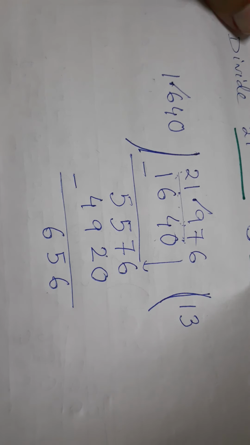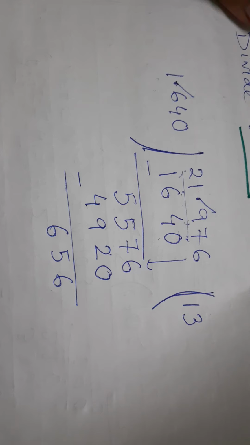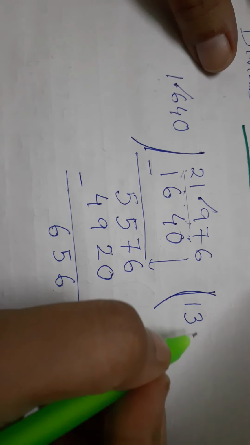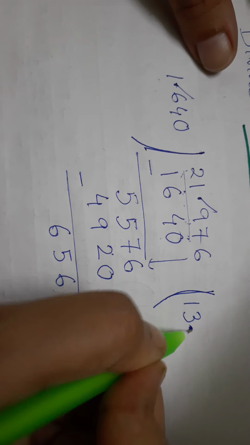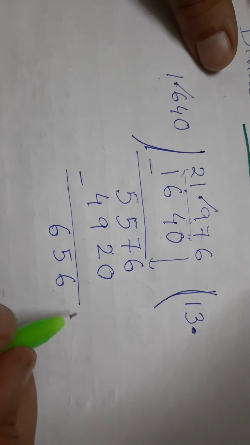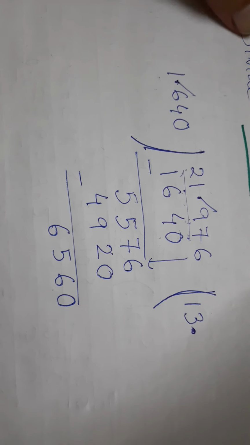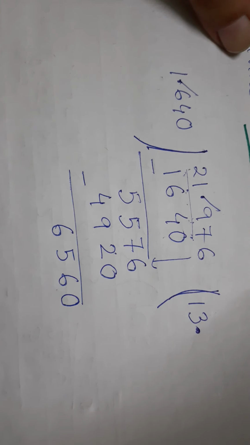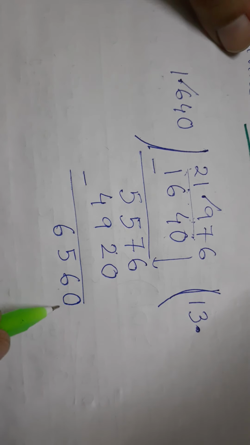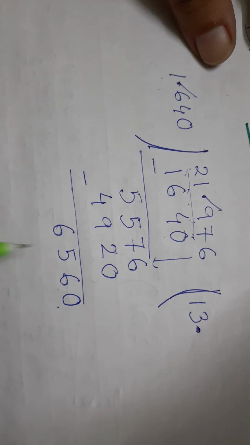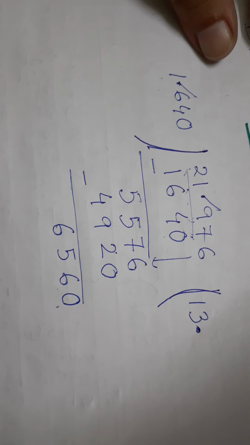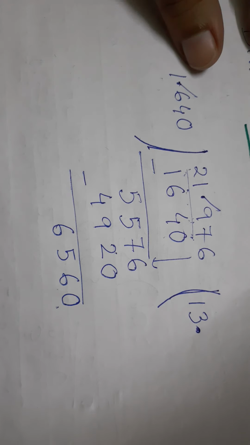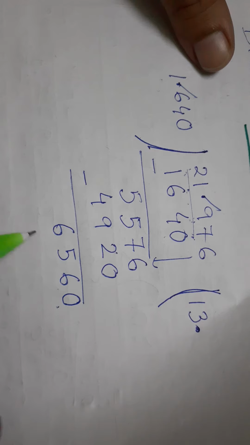Now we already know how to solve division of decimal numbers. So in this case, students, we can add one more decimal point over here, and due to this decimal point, we can add a 0 here with the remainder. So when we add a 0 here, we will see that 1640 into 4, that means if we use 1640 four times, then it will match with this number.